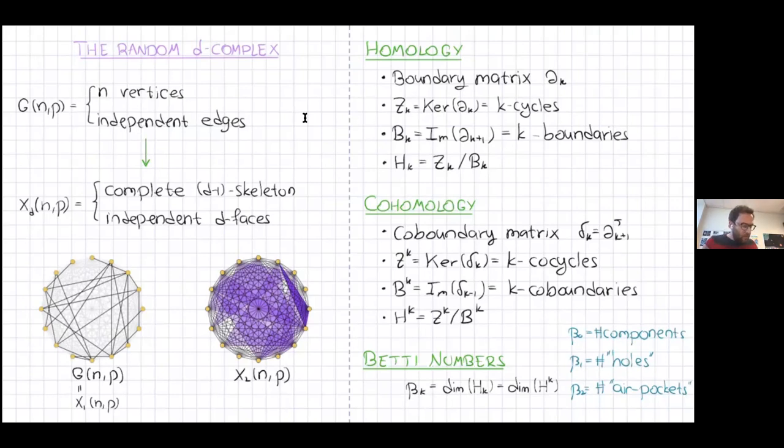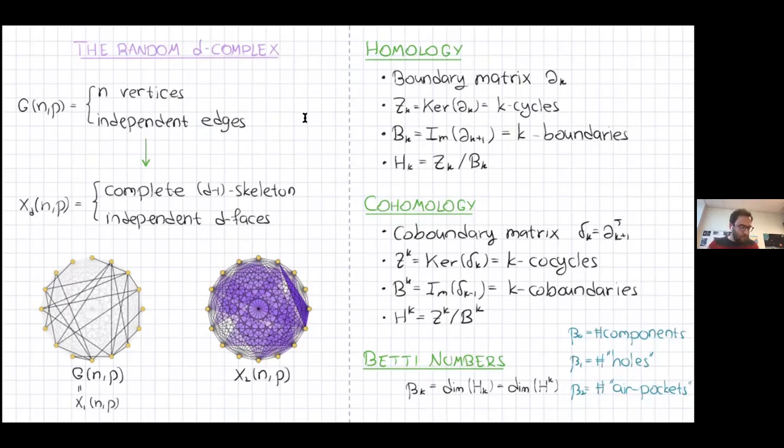We have the coboundary matrix or operator, and we have the co-cycles, which are functions whose derivative is zero, and then the co-boundaries, which can be thought of as functions that have a potential, that have an antiderivative. And then H^k is the quotient space. The dimension of these spaces is the same, at least in the setting that we describe, which is using Z mod 2 coefficients.